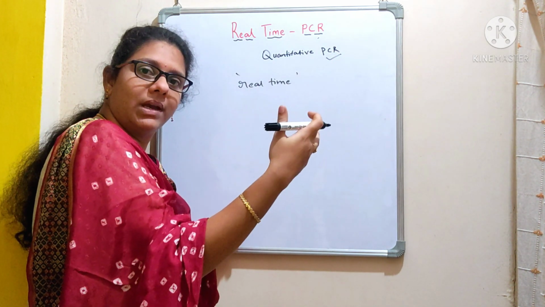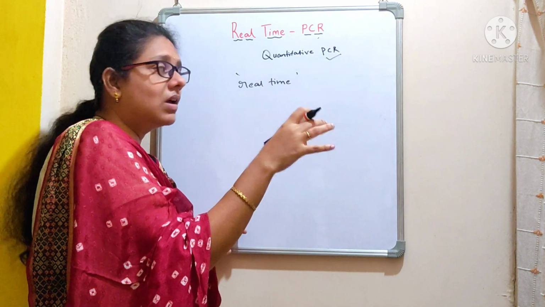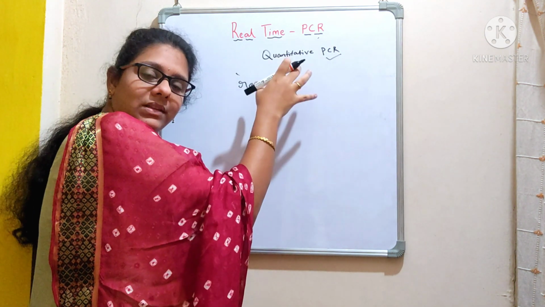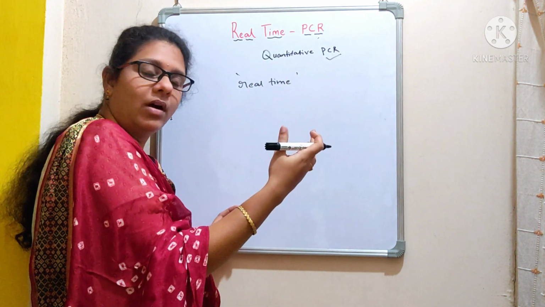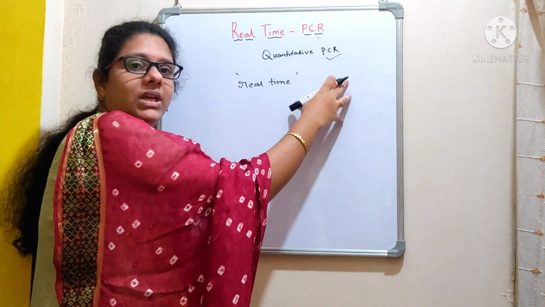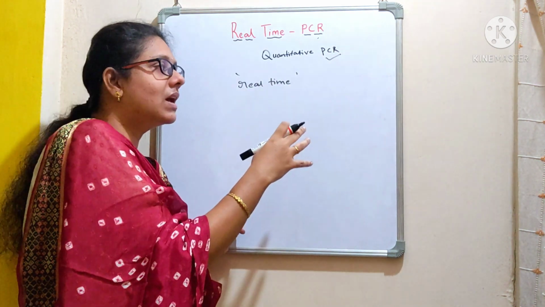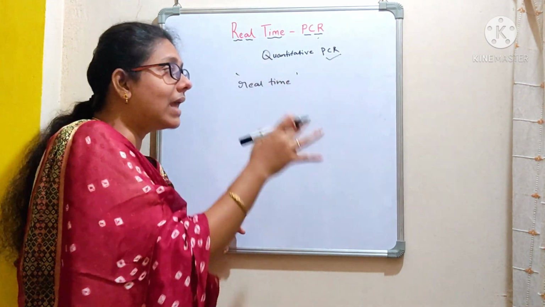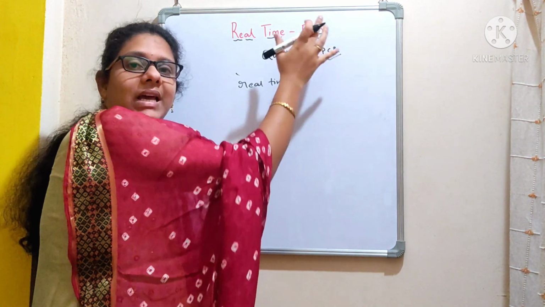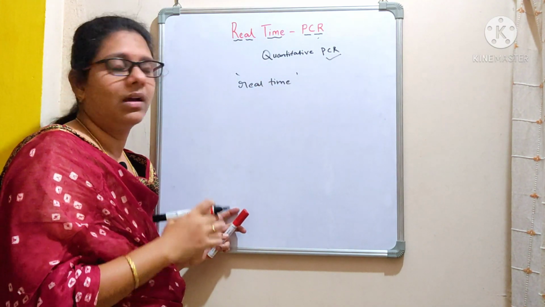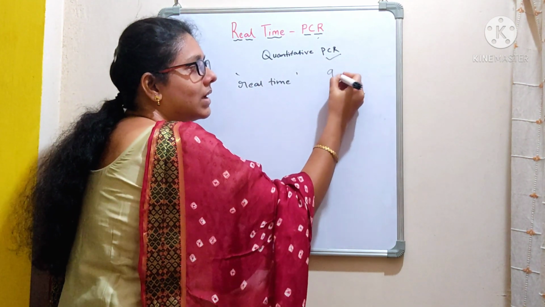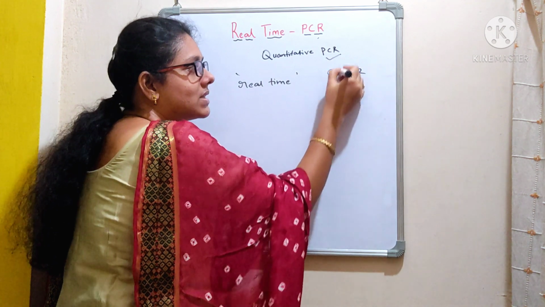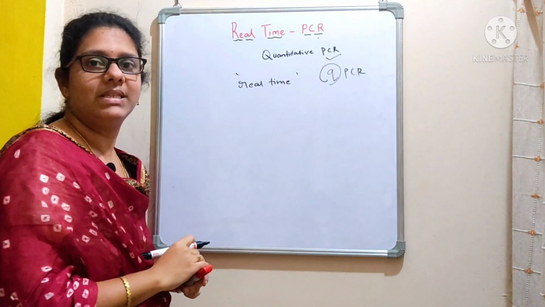Where we make multiple copies of the gene. So with the help of this method, we can easily find even a lesser amount of the gene. That means a relatively small amount of the PCR product can be easily quantified with the help of real-time PCR. So we can also call it qPCR. Q here stands for quantitative.